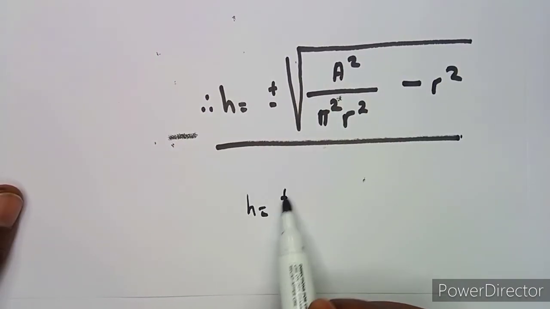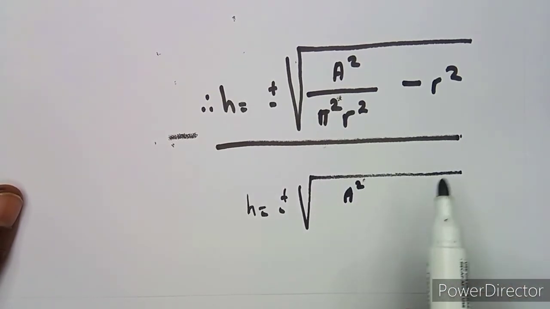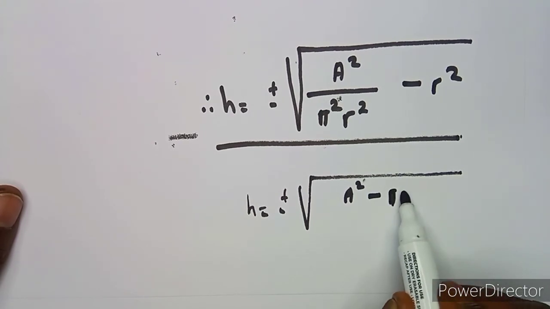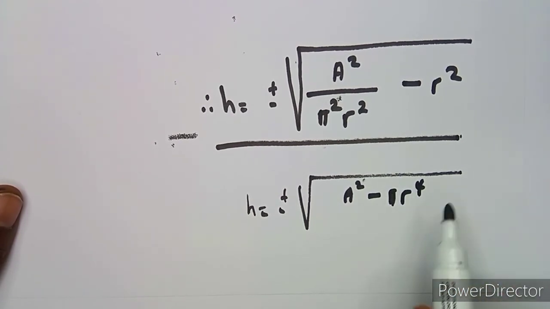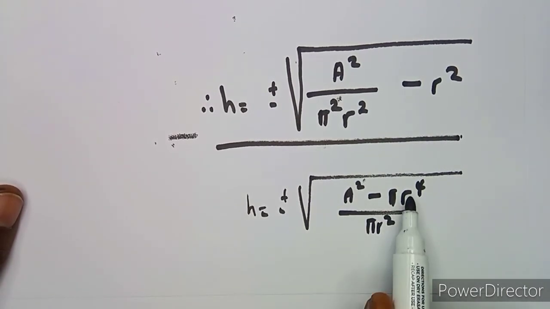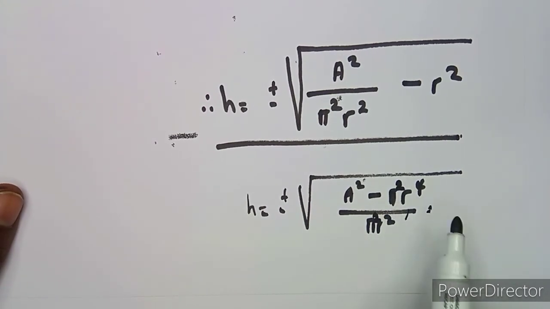h is going to be plus or minus the square root of a squared minus pi r to the exponent of 4 like this over pi r squared. Maybe if you had done this in another way, it was going to look like this.